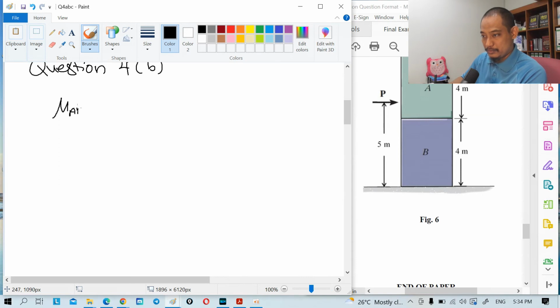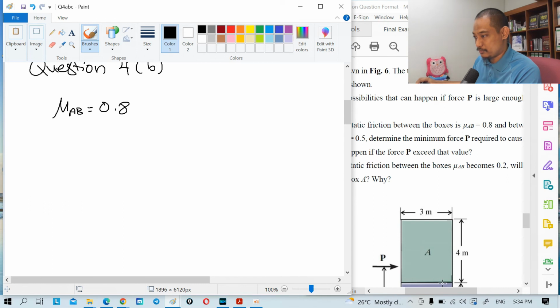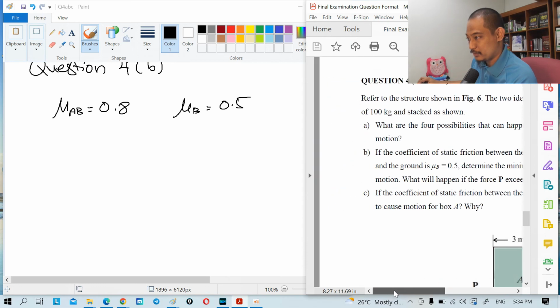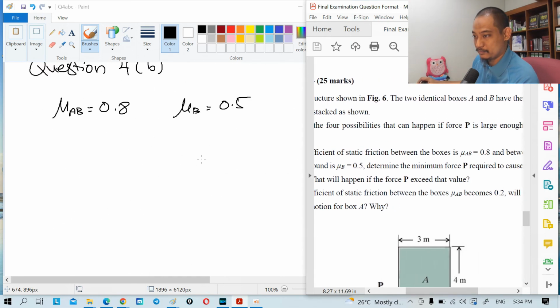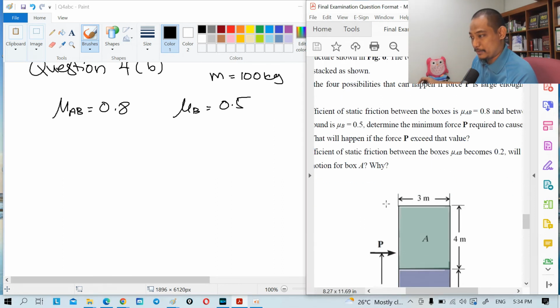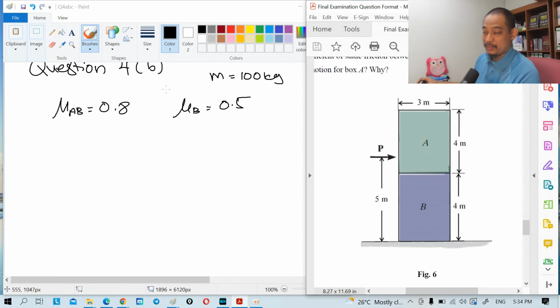Just so as not to forget, mu at the bottom is 0.5. And the weight is 100, right? Both have a mass of 100 kg. So if we do it one by one, based on the possibilities, the idea is like this.